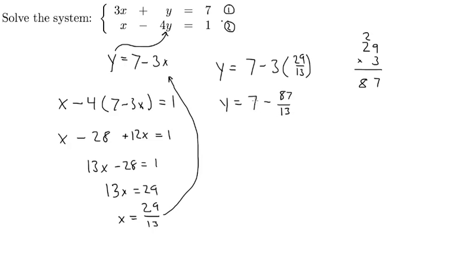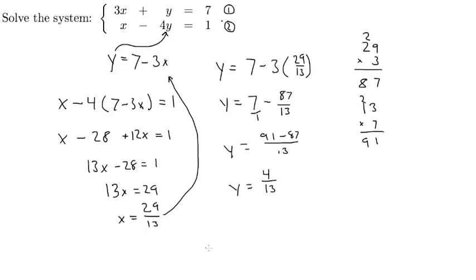I need to get this with a common denominator of 13. So I need to multiply 7 by 13. So it'll be 91. So I have y equals 91 minus 87 over 13. So y equals, that's going to be 4 over 13.